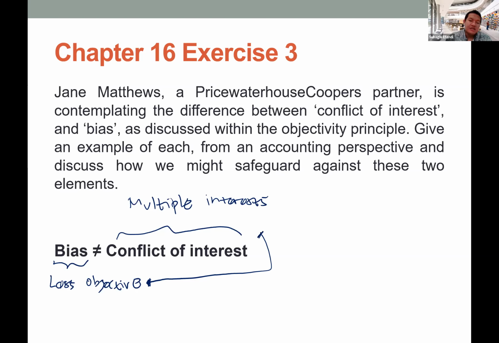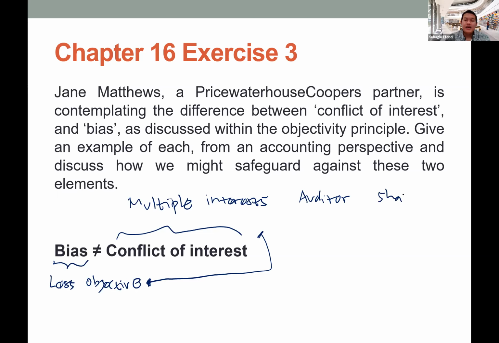So in general, the accountant or auditor should avoid any conflict of interest. If he or she has a conflict of interest with a specific client, then he or she should refuse to take the job or the engagement. One easy example is when the auditor or the accountant owns some shares of the auditee or the client.